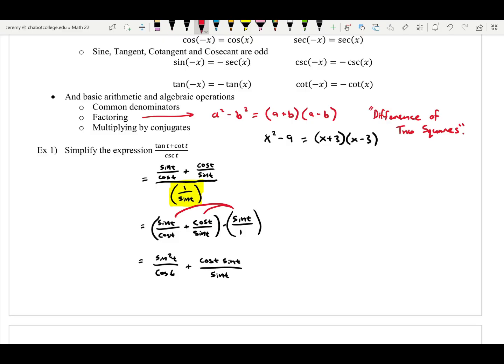And something nice happens here. Sine of t and sine of t cancel out. So now I'll have sine squared t over cosine of t plus just cosine of t.